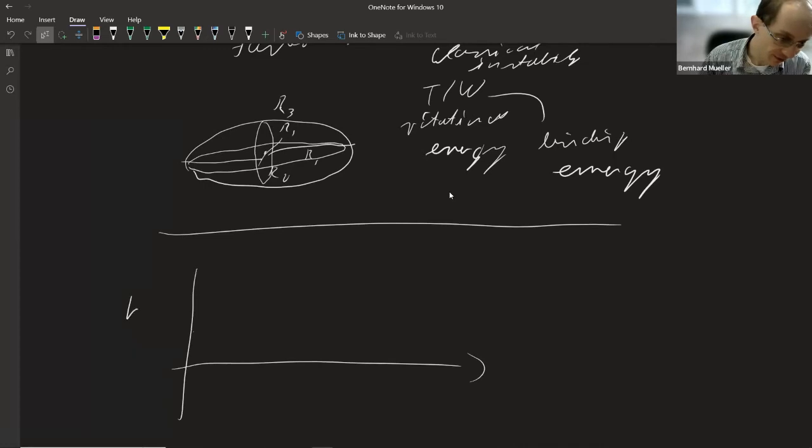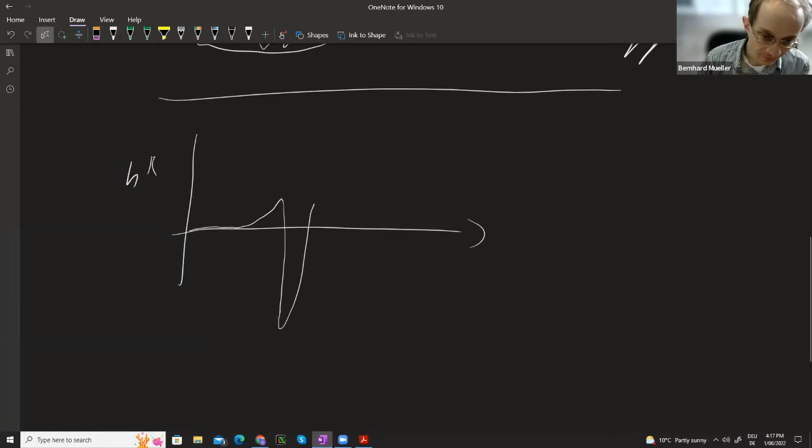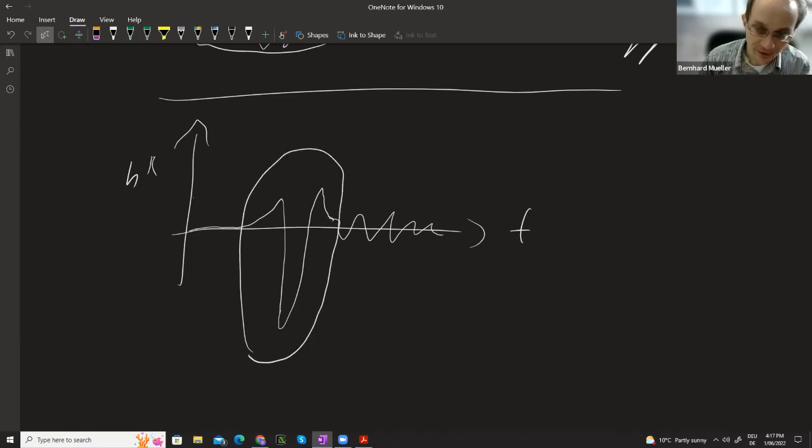So strain times R always has this characteristic little dip at the beginning and then goes down, and you have a second peak at positive amplitude again, and then you get a bit of ring down. And that piece here is very universal for at least a given nuclear equation of state of the proto-neutron star.